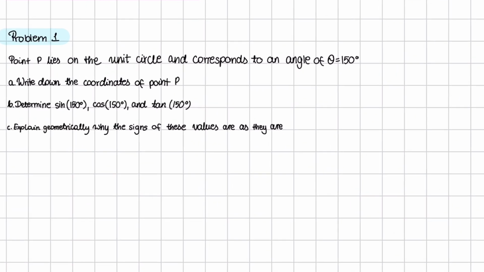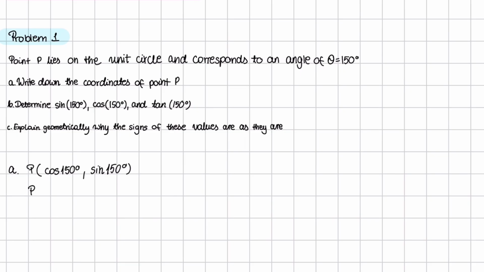So our coordinates of point P are cosine 150 degrees and sine 150 degrees, and we have to calculate them on our GDC.